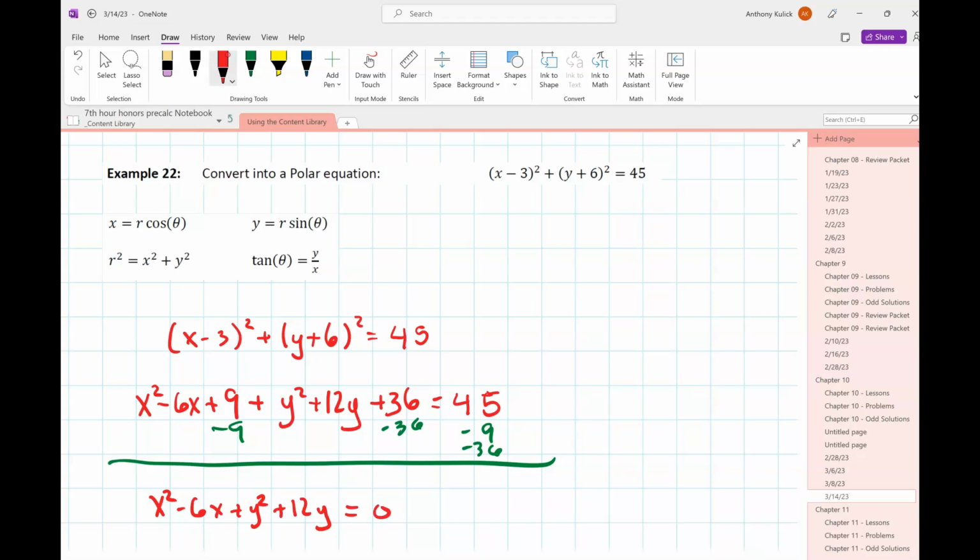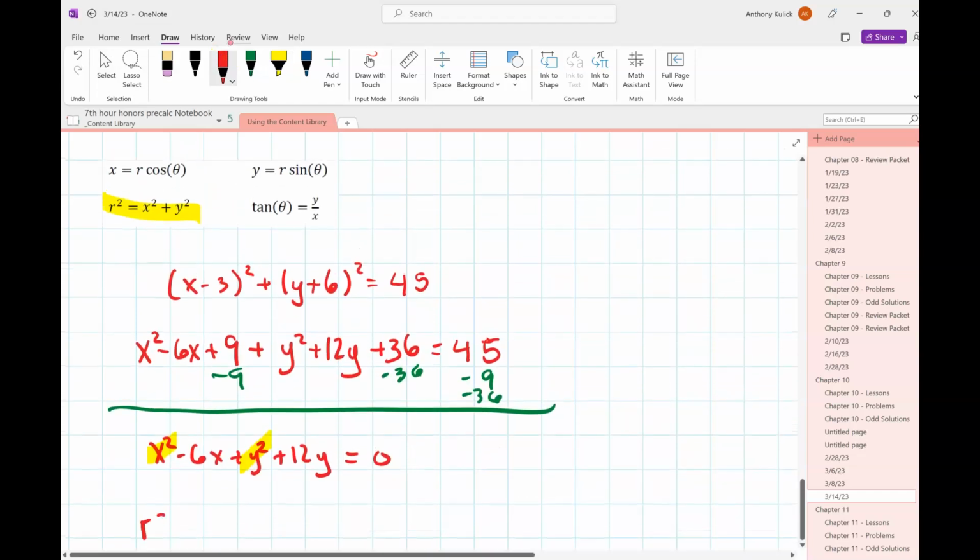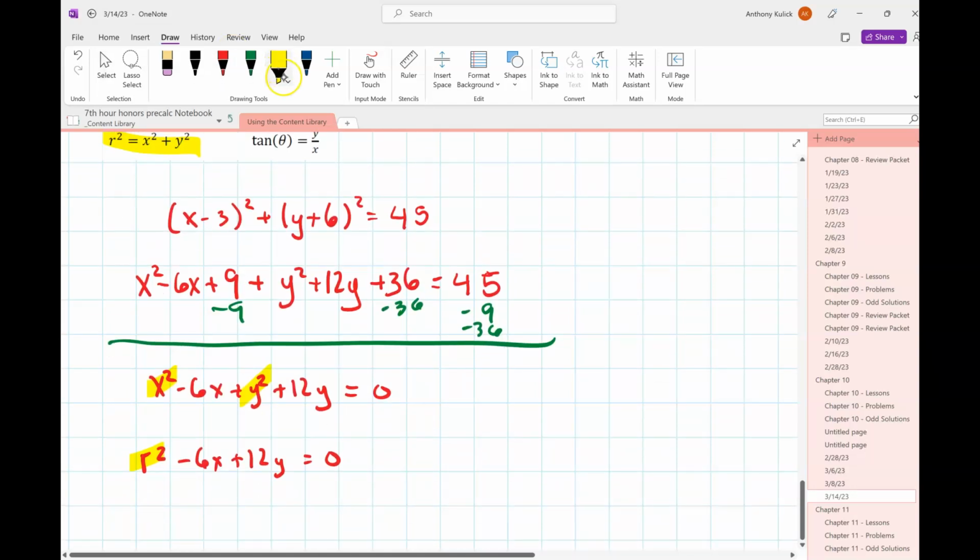Okay, so that gives us 0. And then, sure, x squared plus y squared is r squared, x to r cosine theta and y to r sine theta.